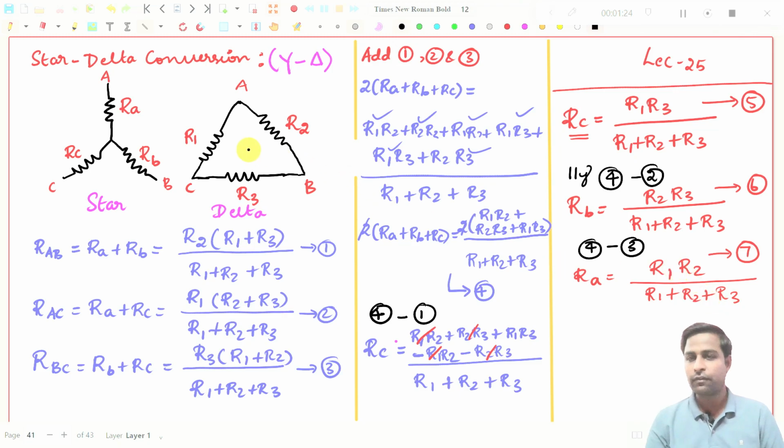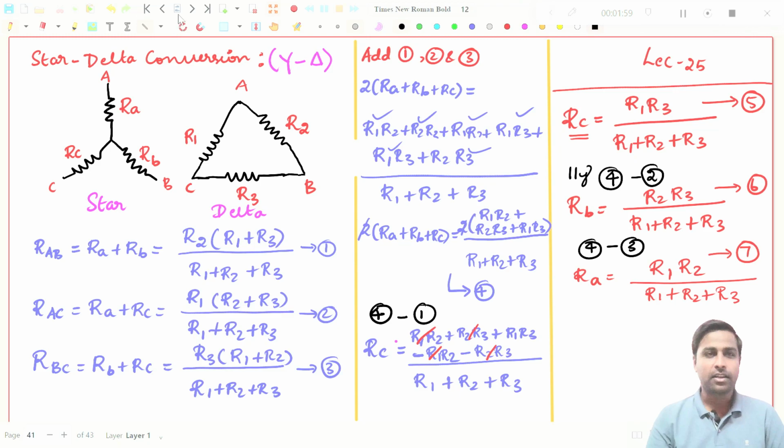If you put all these values in this expression, you will get this resistor value. For RB, you put R2 R3 over R1 plus R2 plus R3, and you will get RB. So these three expressions give us the delta to star conversion. If they have given you delta, you can easily get the star connected values like that.